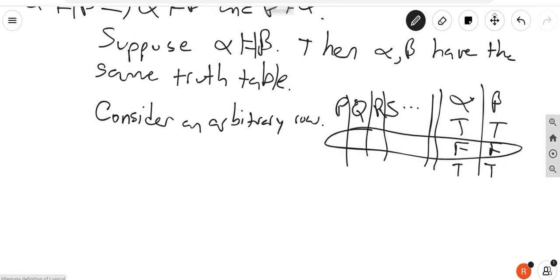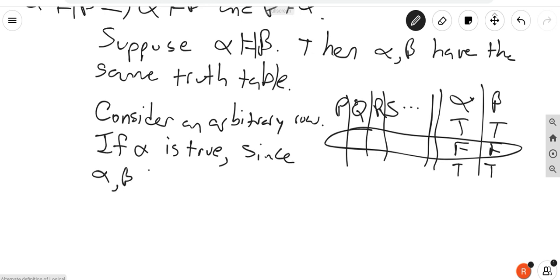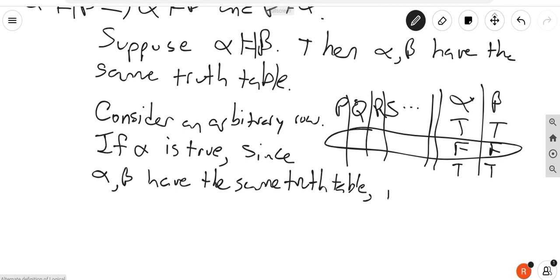I do want to keep this circled here. If alpha is true, then since alpha and beta have the same truth table, beta will also be true.